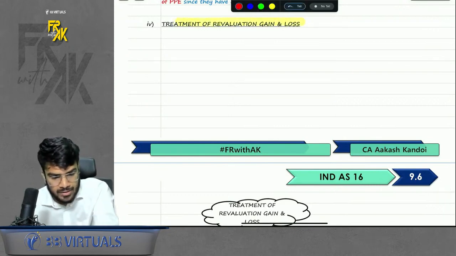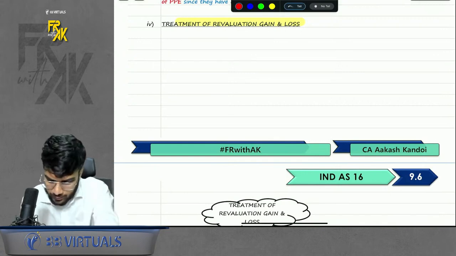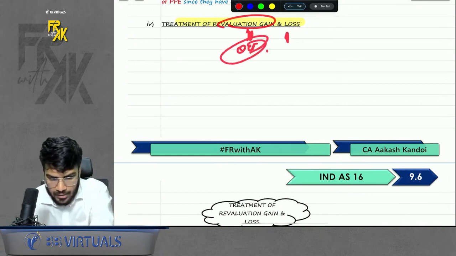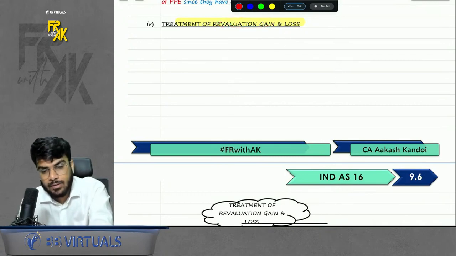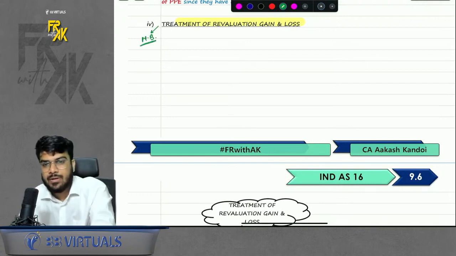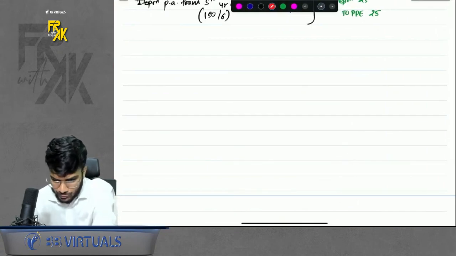Next point: treatment of revaluation gains and losses. We always discussed that if we get a revaluation gain, we will transfer it to OCI. But what if we get a revaluation loss on day one? Then what is to be done in that case? We will discuss this point with the help of an example and write it down in the notebook.